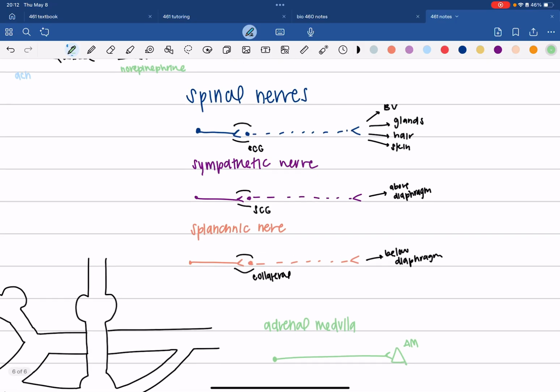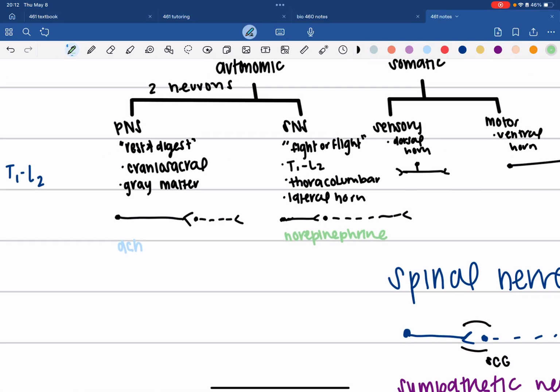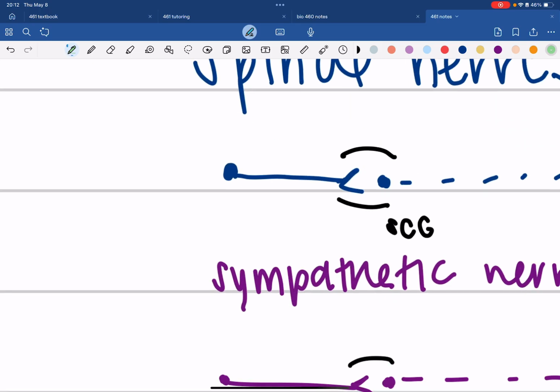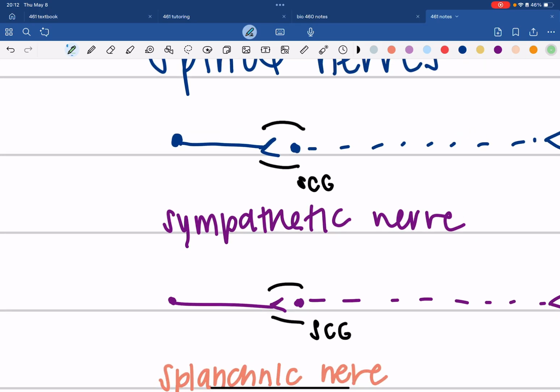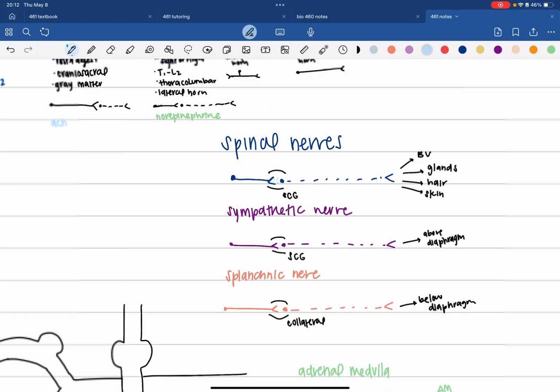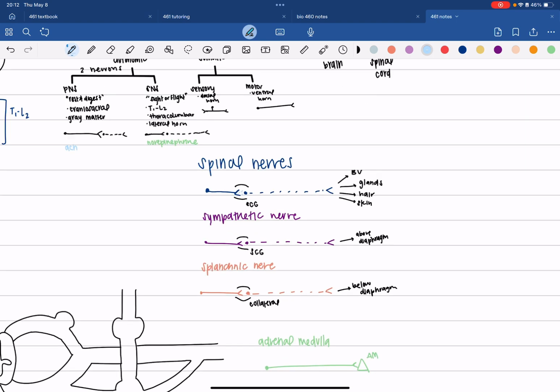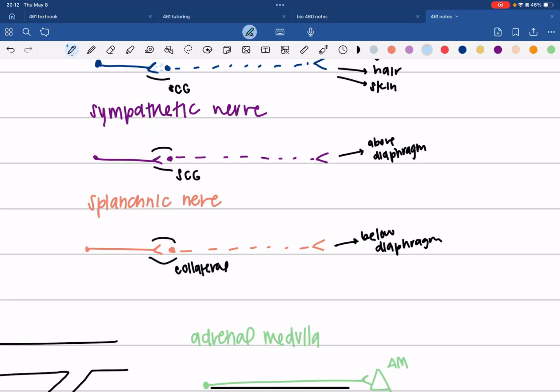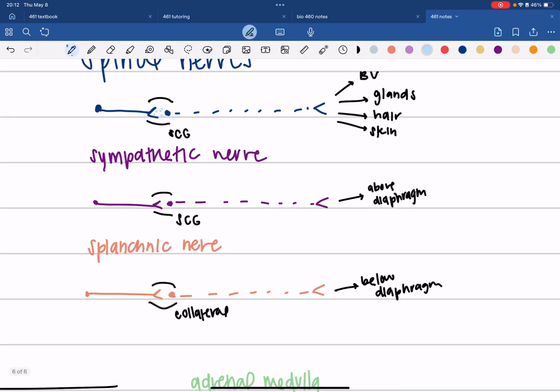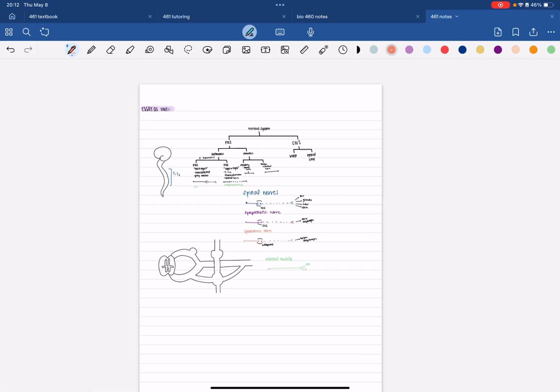And then all of our parasympathetic neurons at both ends will release acetylcholine. But all of our sympathetic neurons at their ganglia here, right in the middle, will always release acetylcholine. And that's great because in those areas, we have a receptor called a nicotinic receptor that responds well to acetylcholine.